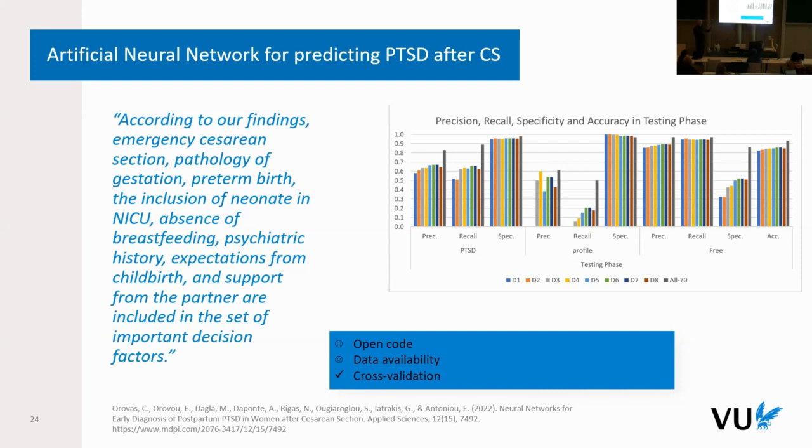So in their data sets, these combined together resulted in a good prediction model of PTSD after childbirth. And they included cross-validation, so having first a training data set and then cross-validating that in part of the data that they had set apart for testing the prediction model.